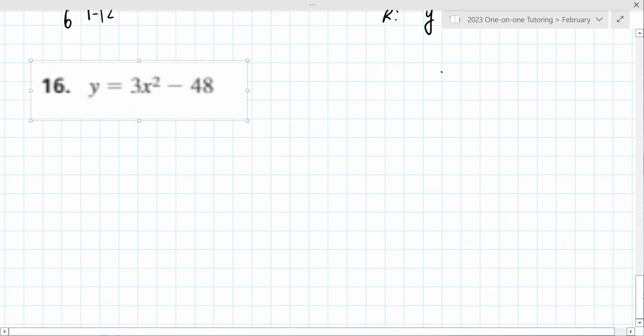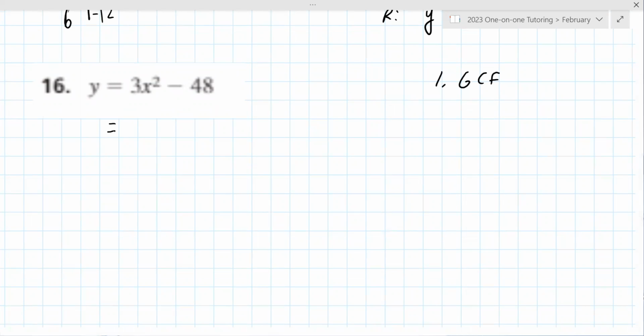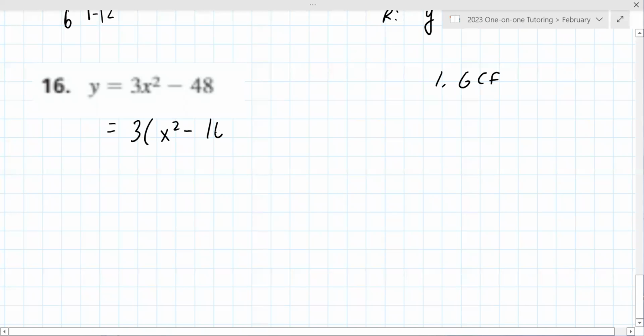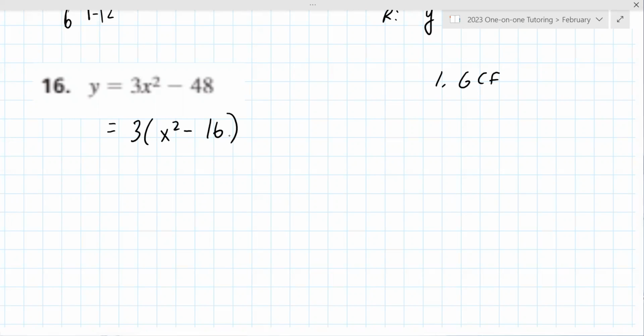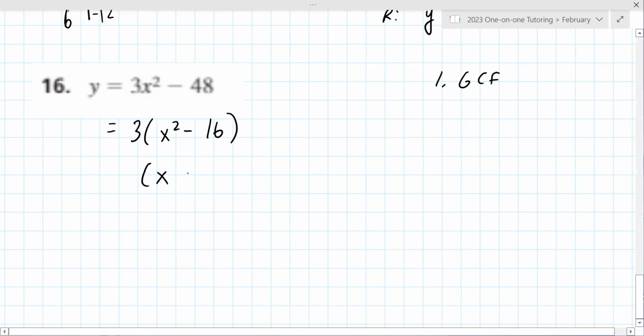So always, the first type of factoring you always do is GCF, just like in the previous problem. What is the GCF between 3x squared and minus 48? 3. So that's x squared minus 16. And because you're a ninja now at factoring, you're supposed to say, oh, that's a difference of squares.